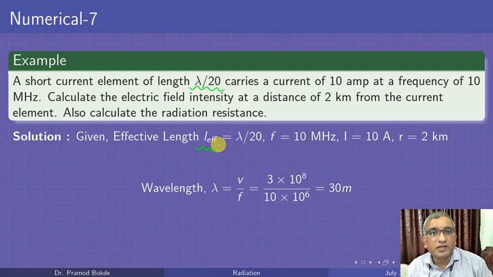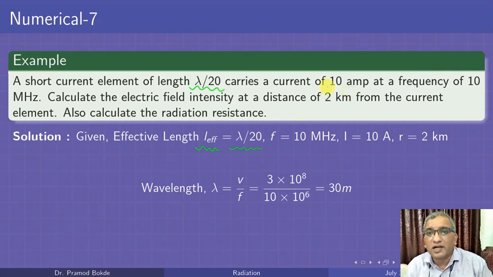And the effective length is given as lambda by 20. It is not specified as a numerical value, but it is given in terms of lambda. So need not fear, this lambda will get cancelled in the formulas, right?